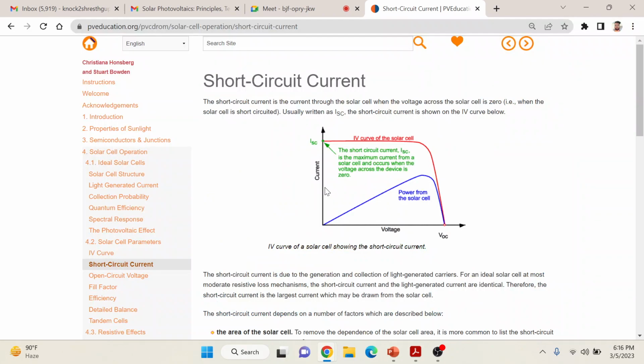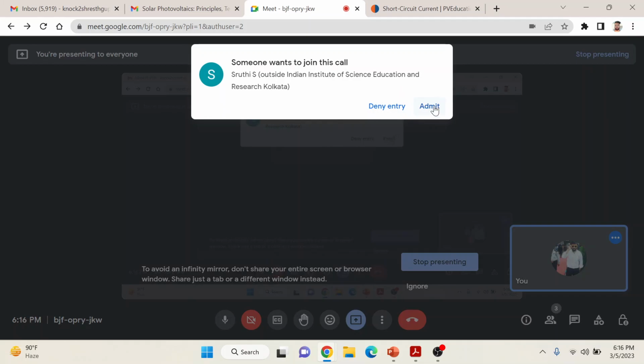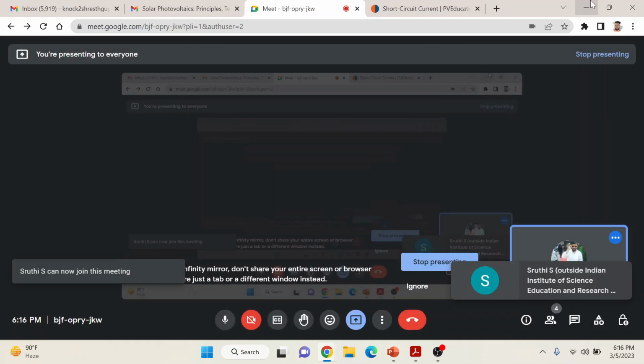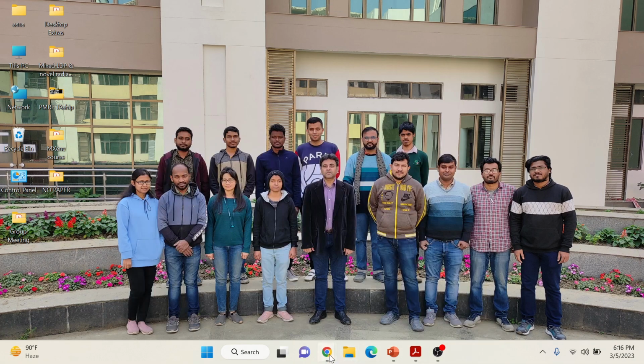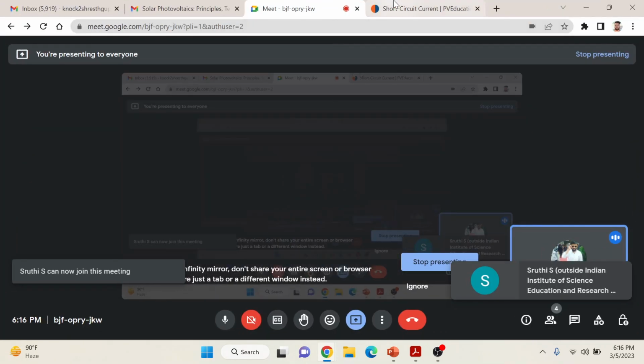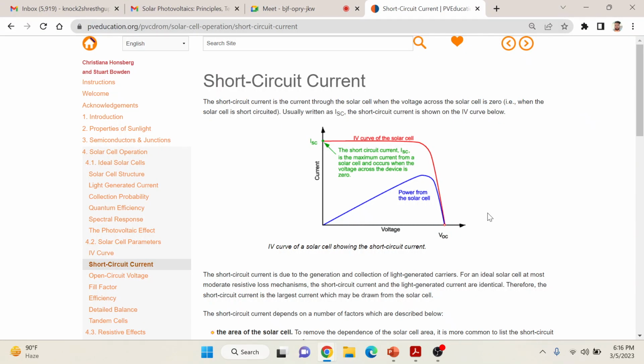So if I talk about the short circuit current, it is the current through the solar cell when the voltage across the solar cell is zero.